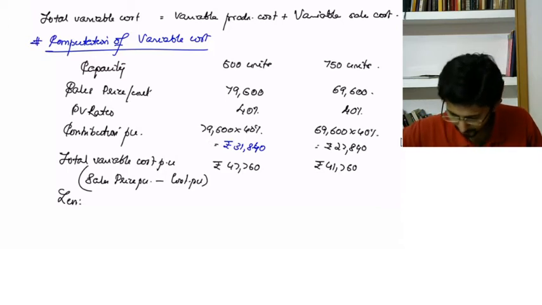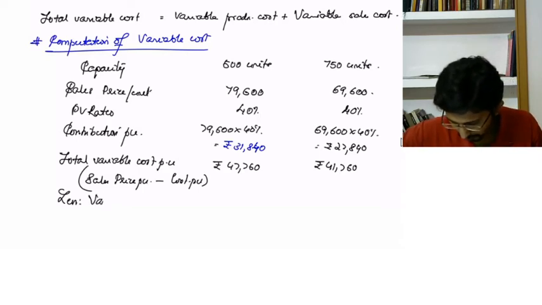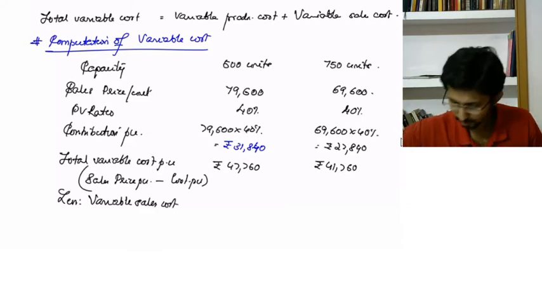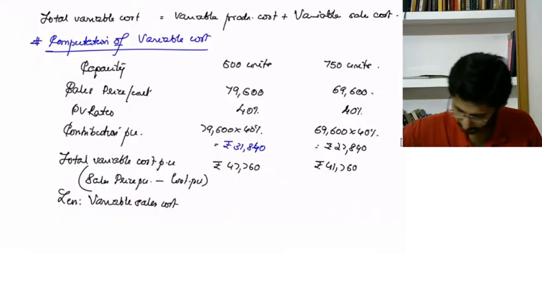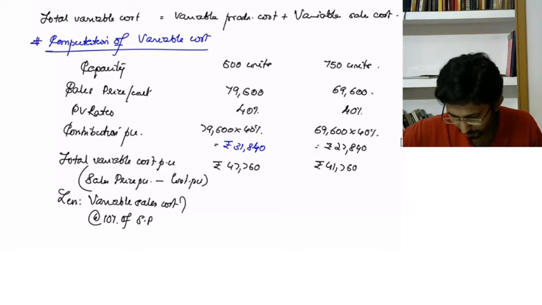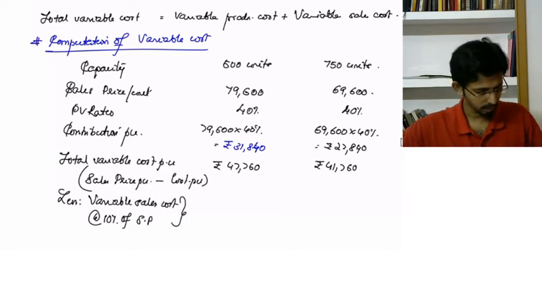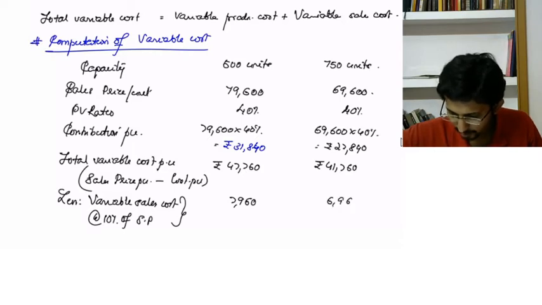Okay. Less variable sales cost. What is the variable sales cost? This is 10% of selling price. How much will it be? 10% of selling price will be 7,960 here and 6,960 here.